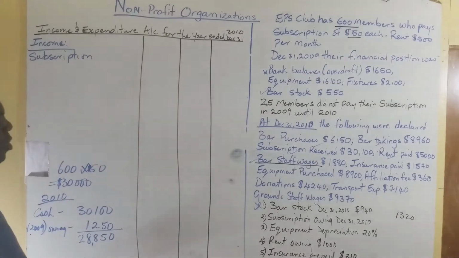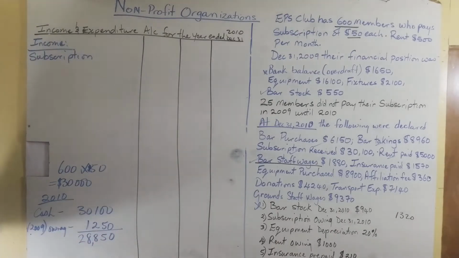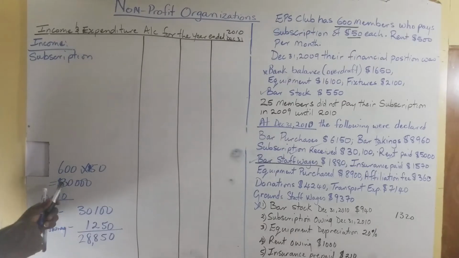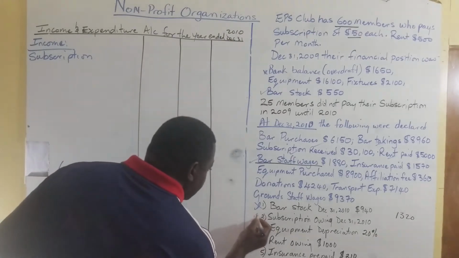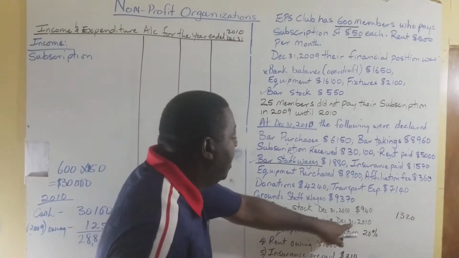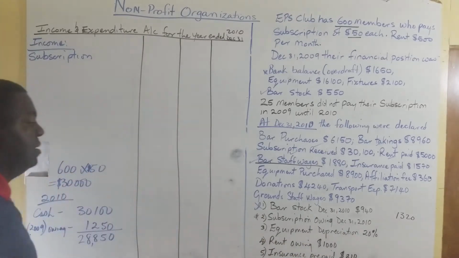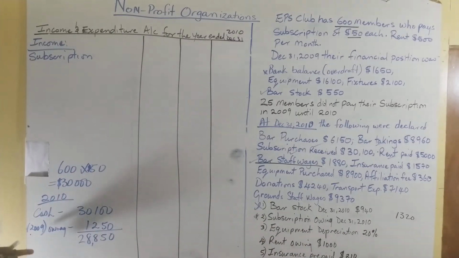Okay? Now, how much was the club supposed to receive? 30,000. Each year, they're supposed to receive 30,000. If you note, this note here indicates that subscription was owing at 2010. How much is that? We can deduce that.